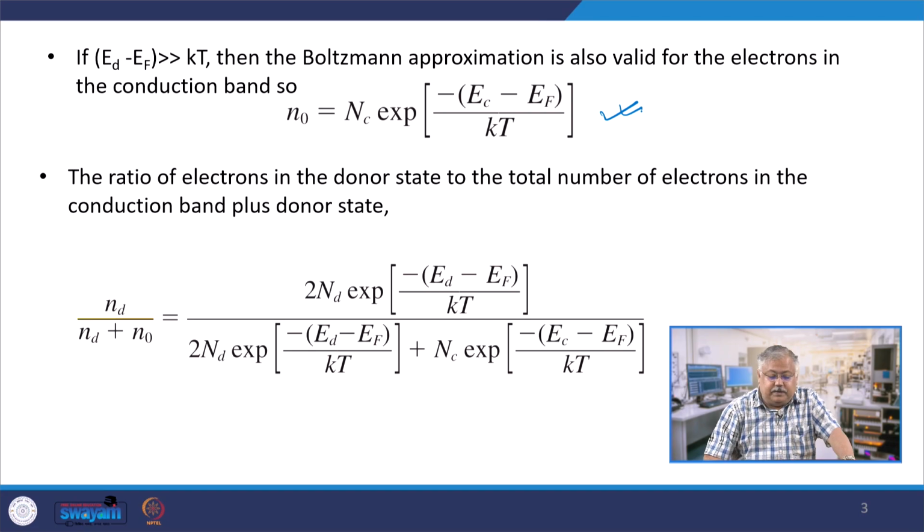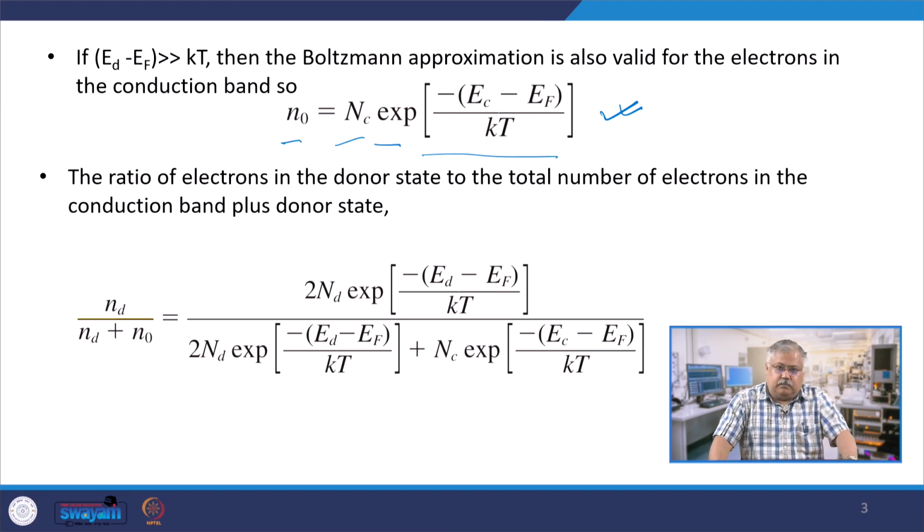So my donor species basically comes very close to the conduction band edge, and therefore I can write N0 equals NC exponential EC minus EF divided by KT. EC minus EF is the conduction band edge minus the Fermi level, which of course carries the negative sign.